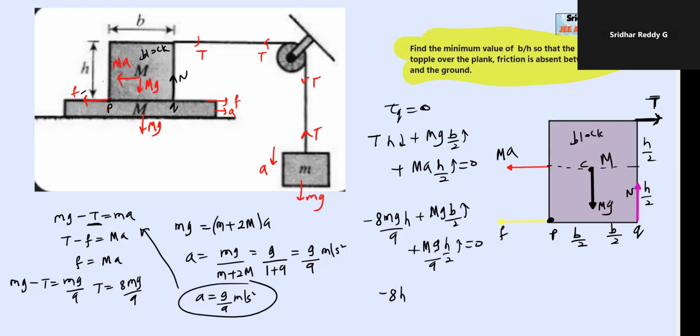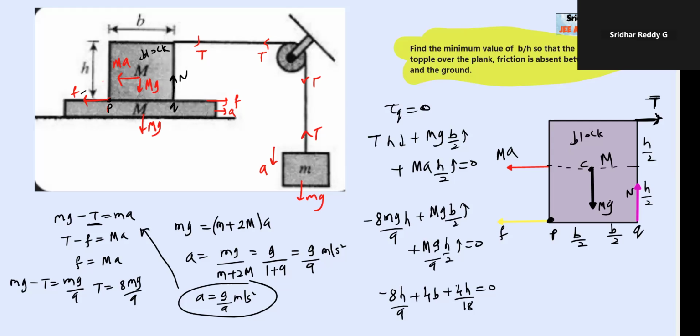So minus 8h by 9 plus b by 2 plus h by 18 equal to 0.